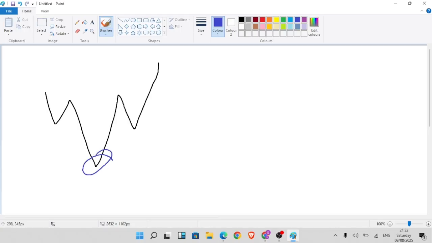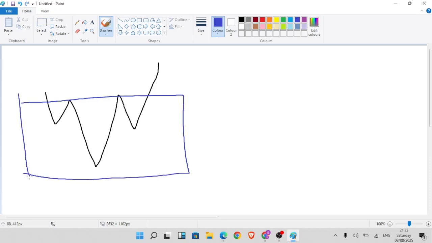The head or the inverted head of this pattern is tapping into a key area, that is a 4-hour time frame or whichever higher time frame you want to use, or this entire move is happening inside a key area, which is still a fair value gap or a 4-hour fair value gap. Now so that is the bullish example.